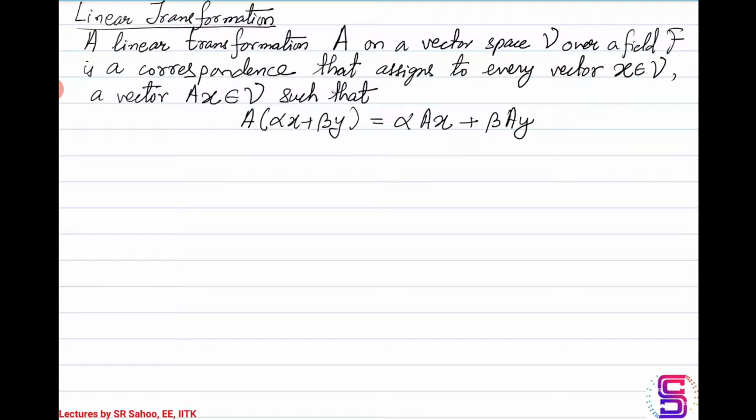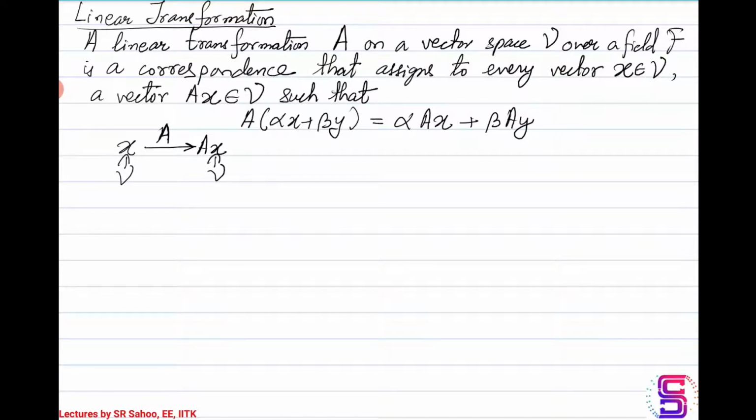So, first of all, A is a map that takes you from x to a vector denoted by Ax, and both of them belong to the same vector space.